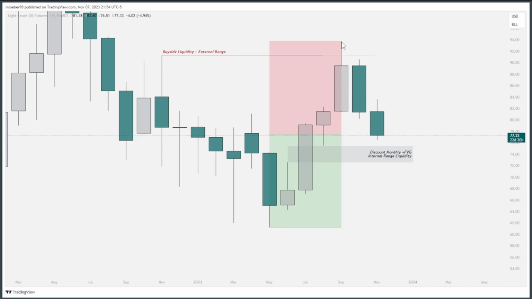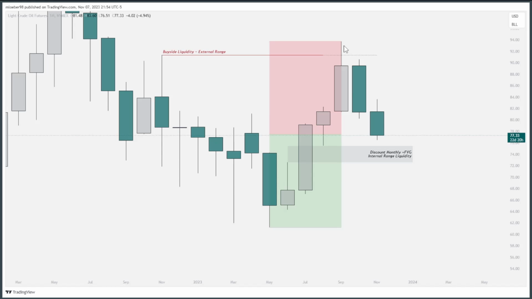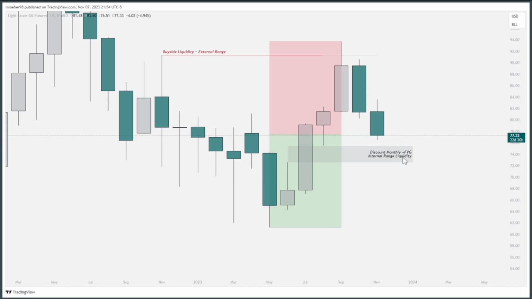If you understand how the market delivers price, we deliver price through external range liquidity, and then after we reach external range, we draw into internal range, which would be this monthly bullish fair value gap that is in discount of the monthly dealing range. And anything that is resting above equilibrium of the monthly dealing range would be considered a low resistance liquidity draw.